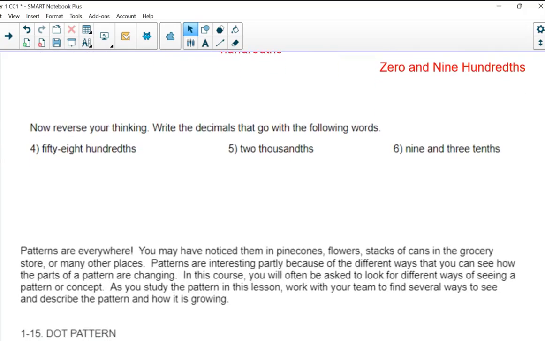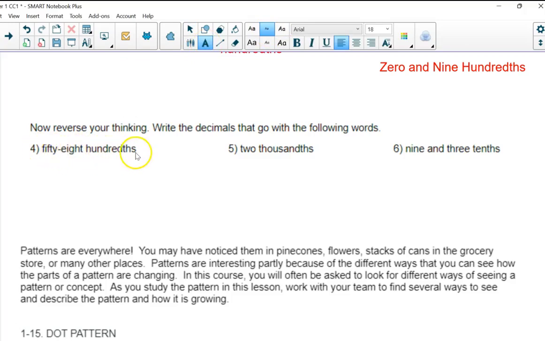So down here now we're going to reverse our thinking. Instead of writing the word form, it gives us the word form. So now our job is to write the decimal form. This one says 58 hundredths. I don't have any "and," so I know I don't really need anything in front of my decimal point.